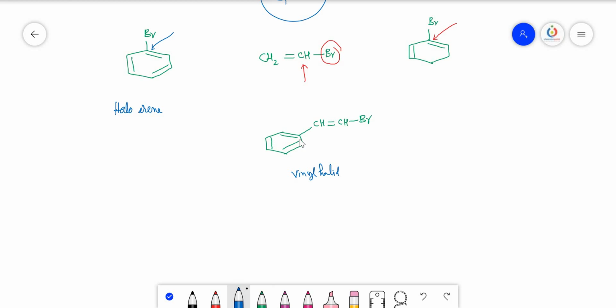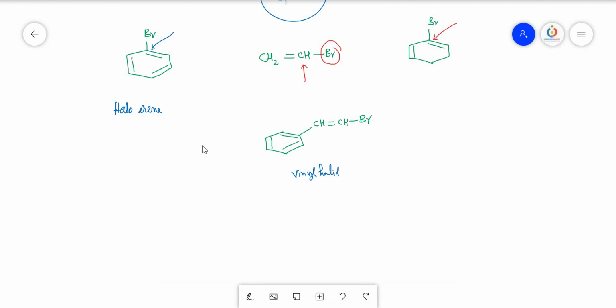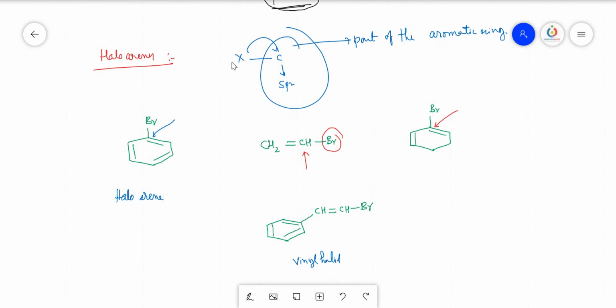One of these hydrogens is replaced by the benzene, but the bromine atom is not directly connected to the aromatic ring. So haloarenes are the compounds in which the halogen atom is directly bonded to the sp2 carbon which is part of the aromatic ring, then only it is called the haloarenes, otherwise they will not be called haloarenes. So you must be very careful in selecting which compound is a haloarene and which is not. These are all vinyl halides, not haloarene compounds.